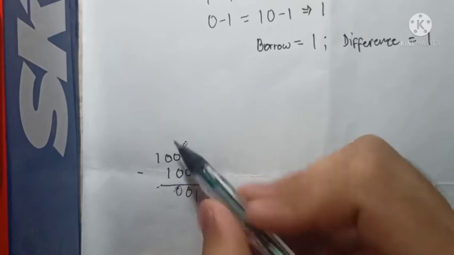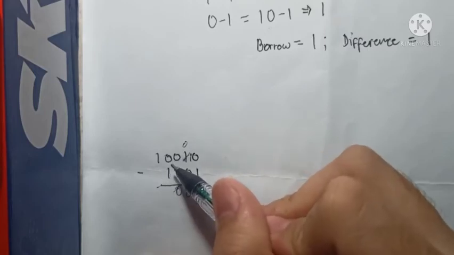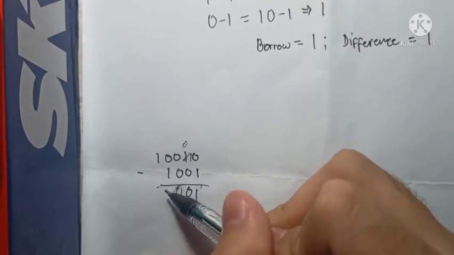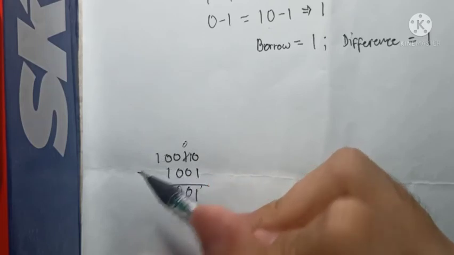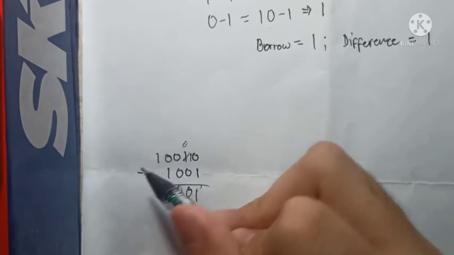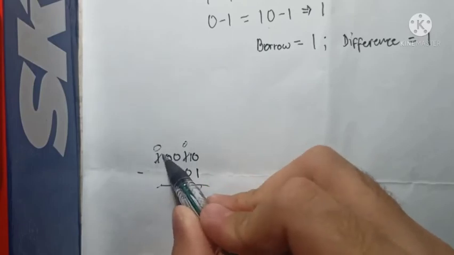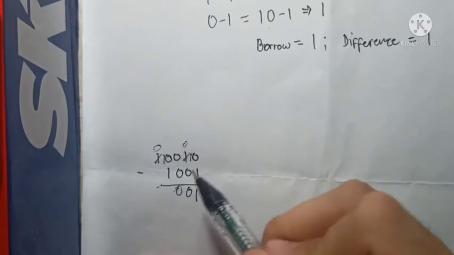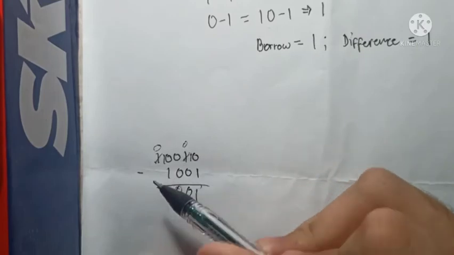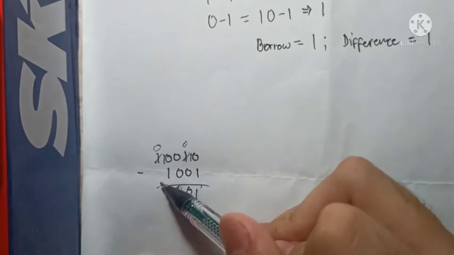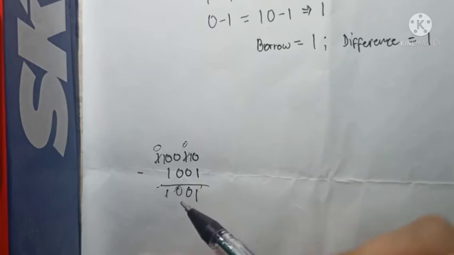And again we need to borrow since we cannot subtract 0 minus 1. We borrow from the previous bit. This becomes 0 and this becomes 10. 10 minus 1 equals 1. So that is the answer for our first problem.